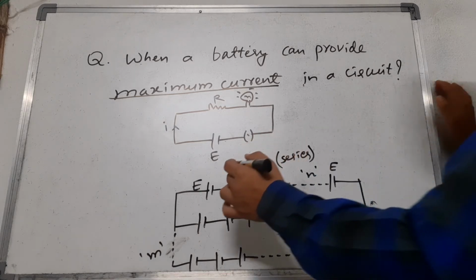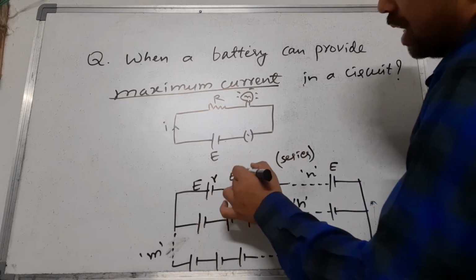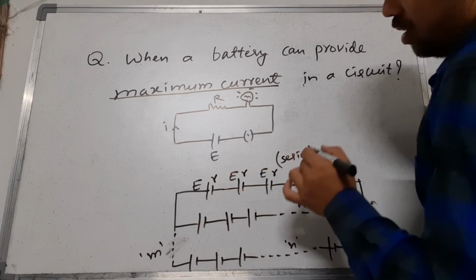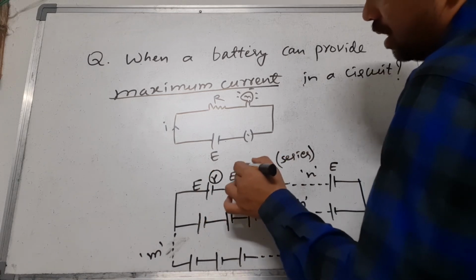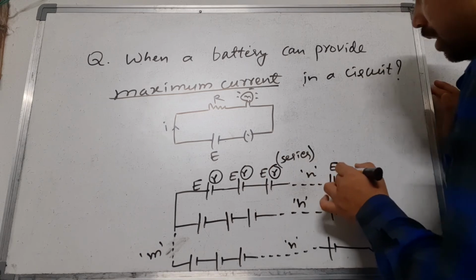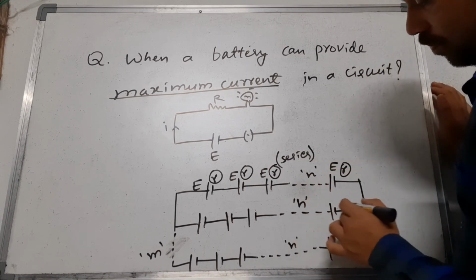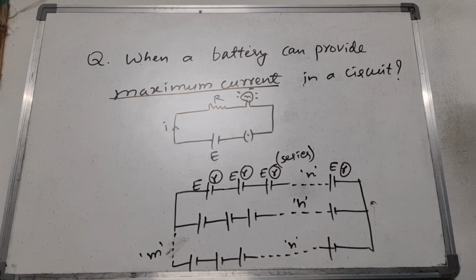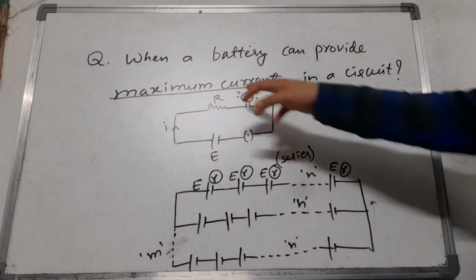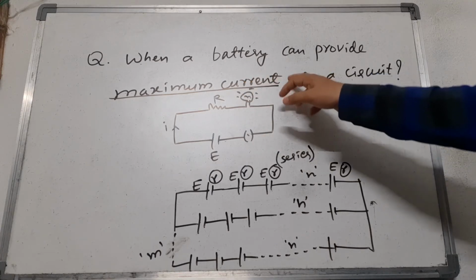And each battery is having internal resistance R. For each battery the internal resistance is R. Now we have to calculate the maximum current, when it can discharge maximum current.